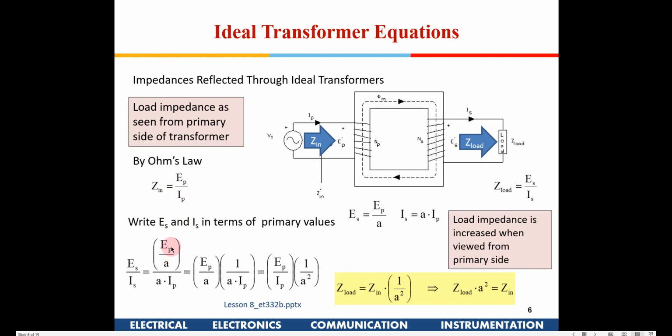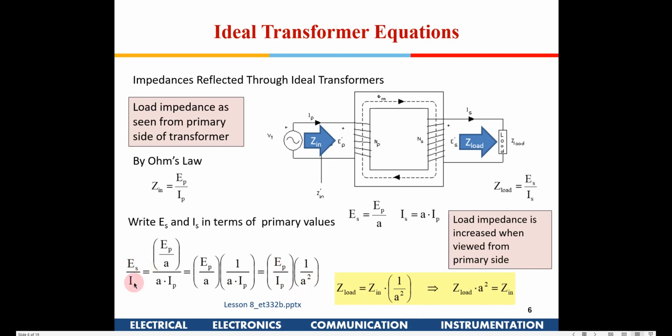Now E secondary divided by I secondary, I can write in terms of the primary as E primary divided by A, and A into I primary. So this A comes in the denominator. You have E primary divided by I primary A square, right? So what is E primary divided by I primary?